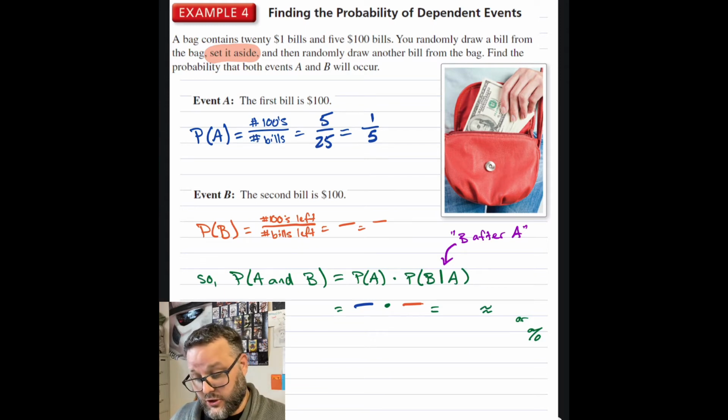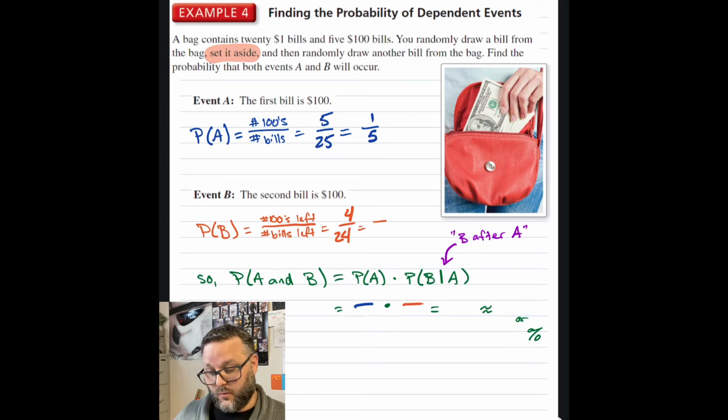As a matter of fact, I know for a fact there's one less bill altogether because I set one aside. But what we're going to do is assume the probability of A occurred. So that means I'm actually going to be placing 4 instead of 5 in the numerator because the number of 100s left is potentially 4.